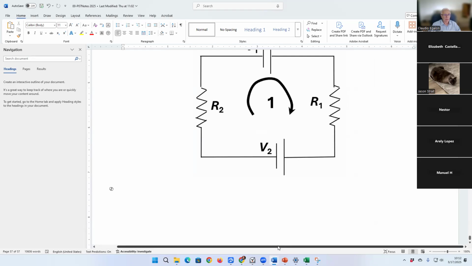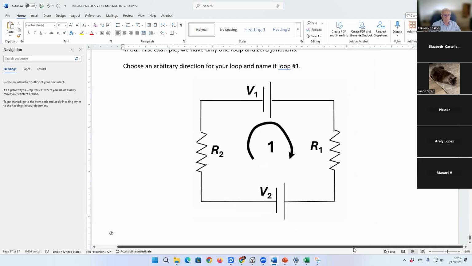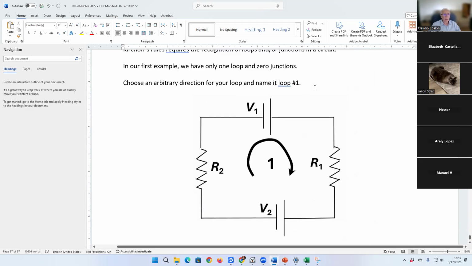And then after labeling your loop, notice that I put the loop in the clockwise direction, but I could have also put the loop in the counterclockwise direction and still solve the problem with the same final result. So in this problem here, we know V1, V2, R1, and R2.